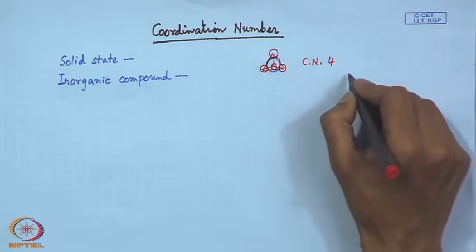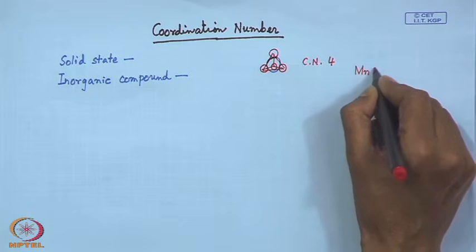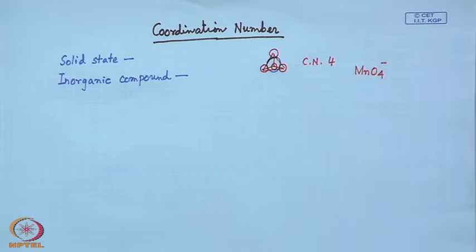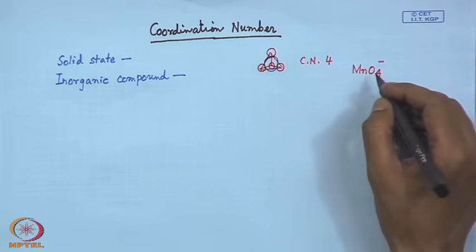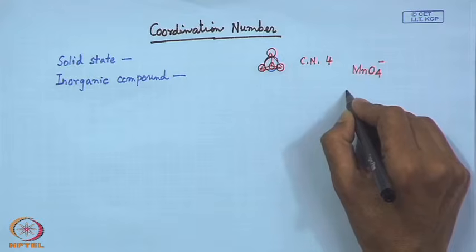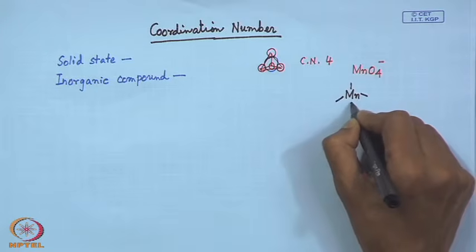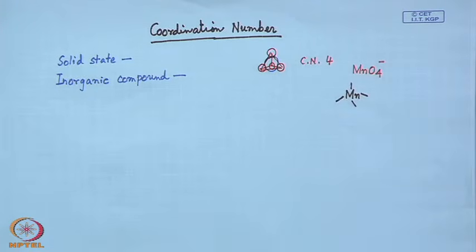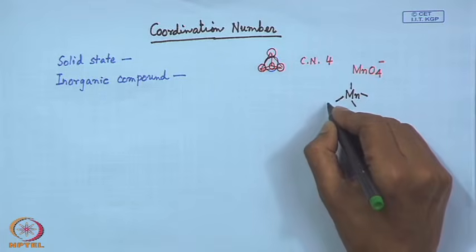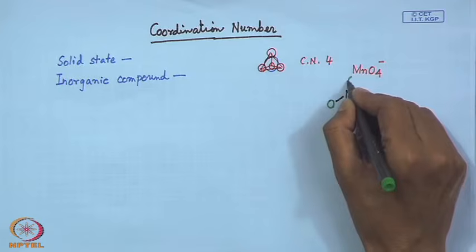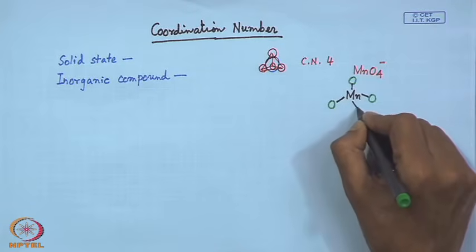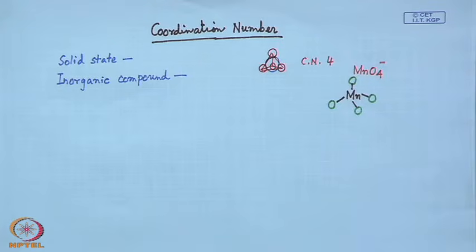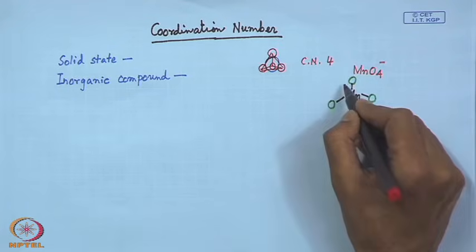Similarly, the simple species like the corresponding inorganic anionic species such as permanganate anion, we all know that KMnO4 when dissolved in water we get MnO4 minus, and in that particular case that manganese center, which is in +7 oxidation state, is bound to 4 oxygen atoms, and again in a typical tetrahedral geometry.